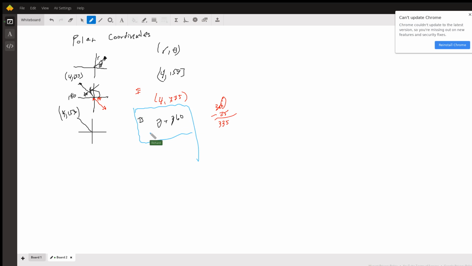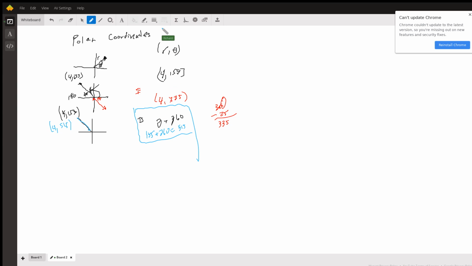And all we do really is we just take 155 plus 360, and that comes out to be 515. And the same angle and the same line, really, it goes on top of one another. So we could write 4, 515. That would be part 2 of the problem.